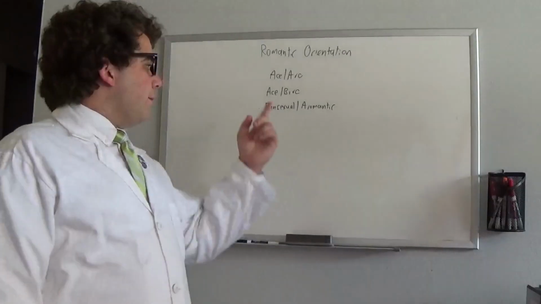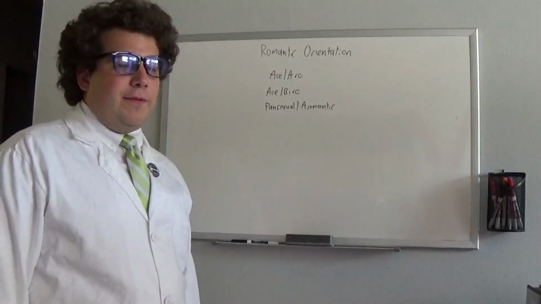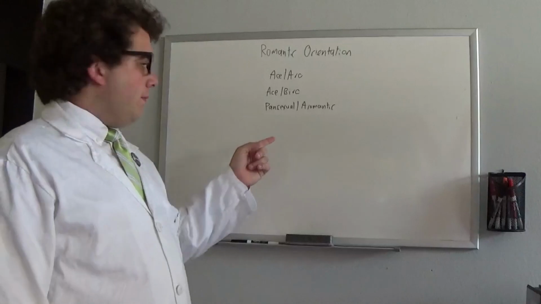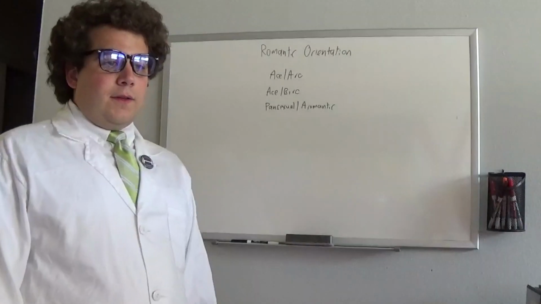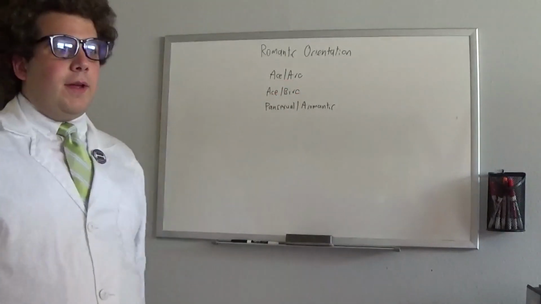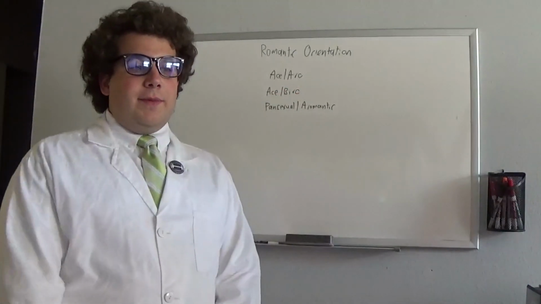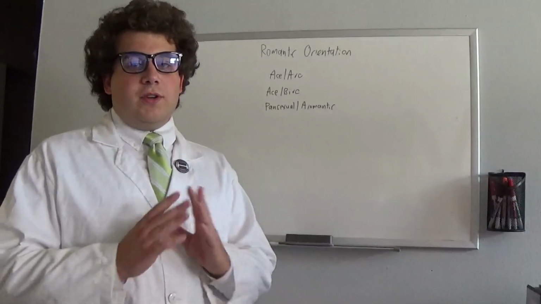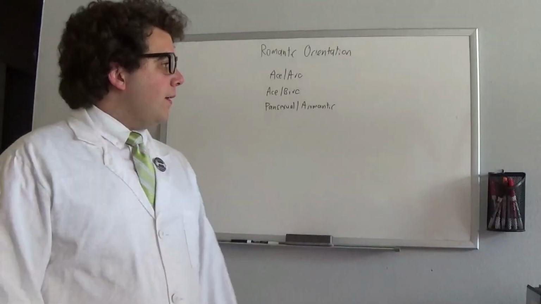Here I wrote 3 different types of orientations that people may feel: ace-aro, ace-biro, and pansexual aromantic. Let's go through one by one, just as examples. Ace-aro is asexual aromantic. That means you feel no sexual or romantic attraction towards anybody of any gender.